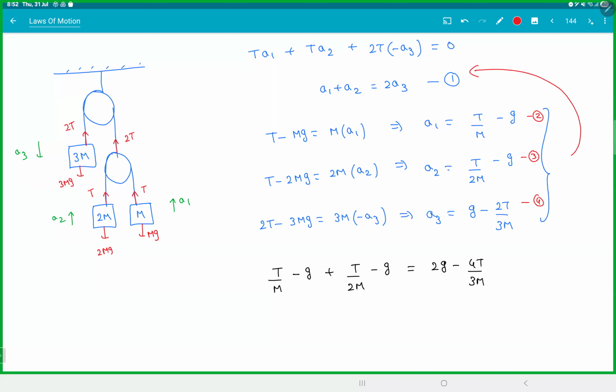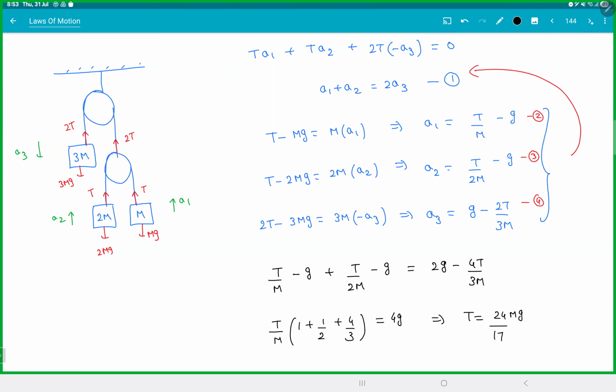Bring all T's to one side. That will become 1 plus 1 by 2 plus 4 by 3. Bring all g's to one side, that becomes 4g. From here, we get tension is equal to 24 mg by, that would be 3 by 2, 3, 3, 9 plus 8, 17. That is your tension.